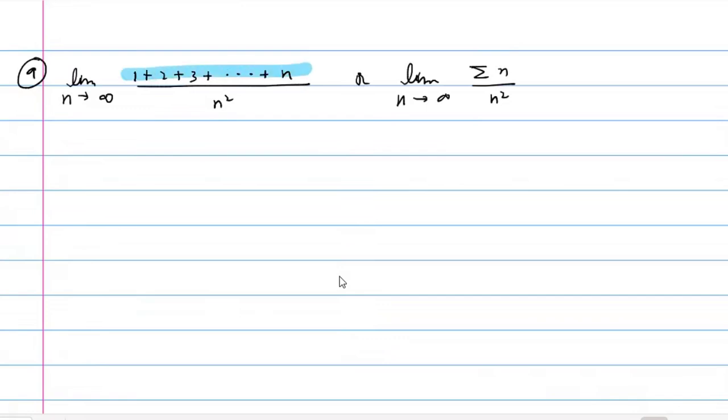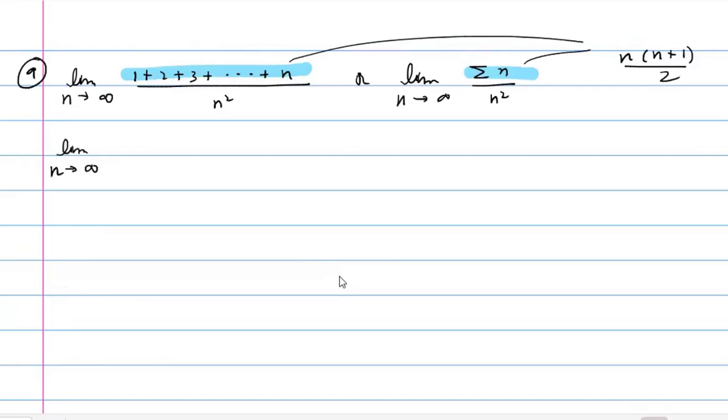So what is the meaning of this? This is sum of first n natural numbers. This is also sum of first n natural numbers. And you know that both of these, what does it mean? It is n into n plus 1 upon 2. Okay, that is the sum of first n natural numbers. So limit of n tends to infinity, the numerator can be replaced by this.